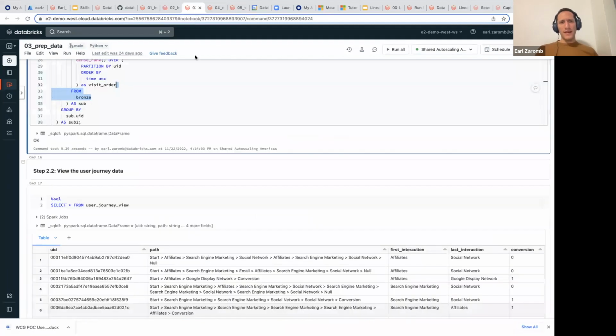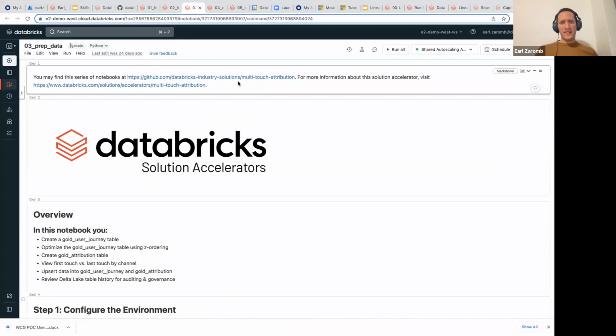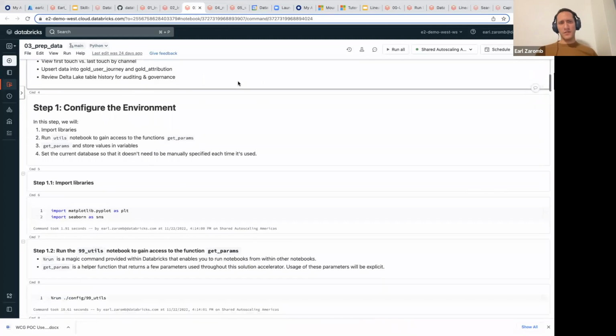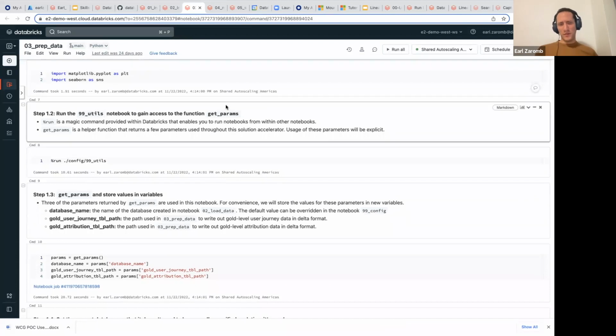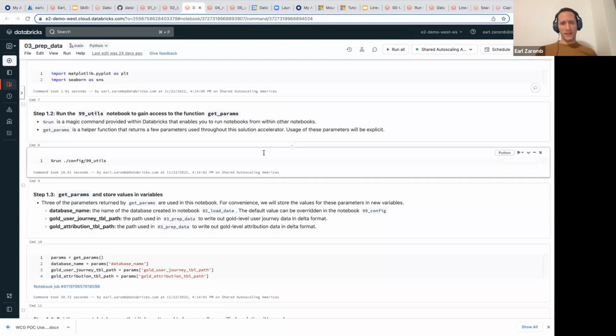The next step is to start preparing the data for the Markov chain calculations that we just walked through in the slides. There are a bunch of data transformations required to get the data in the right format to come up with these calculations.